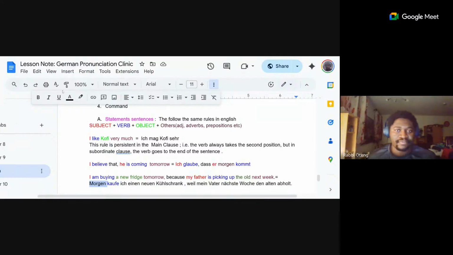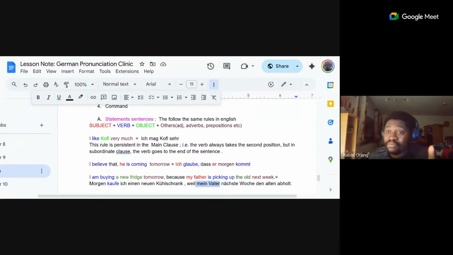But you see, in the Nebensatz our subject is fixed. You can't say, weil nächste Woche mein Vater den Alten abholt. In speaking it's common, people do that, although it's not grammatically correct because it's not following the rule.